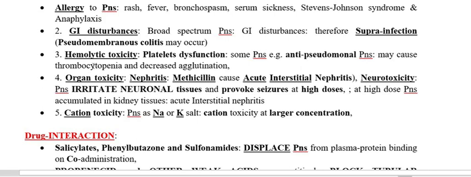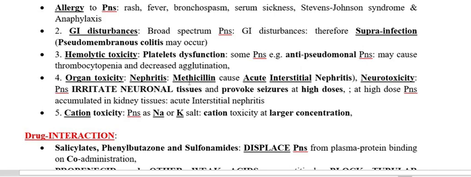Then organ toxicity. This is another important point: toxicity with the kidney and toxicity with the neurons. Kidney toxicity is only seen with methicillin.